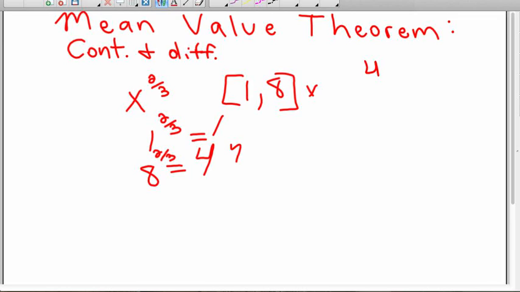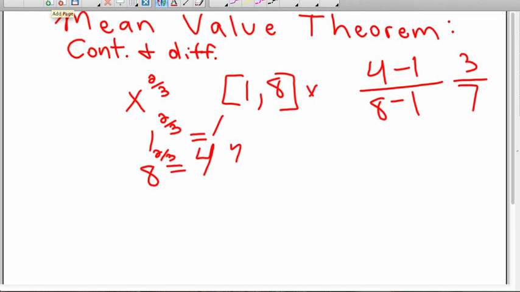So 4 minus 1 over 8 minus 1, which is 3/7.